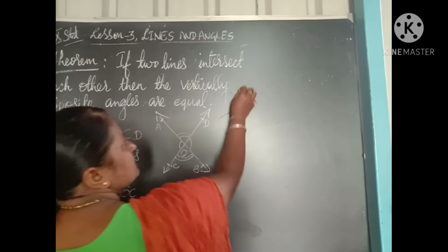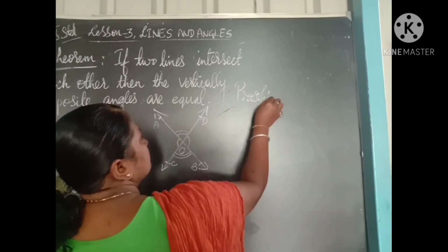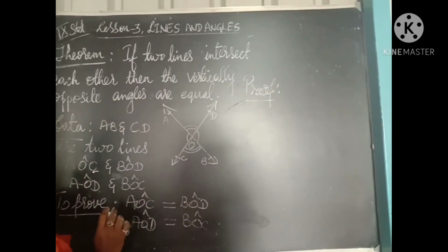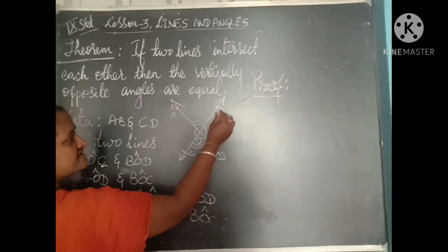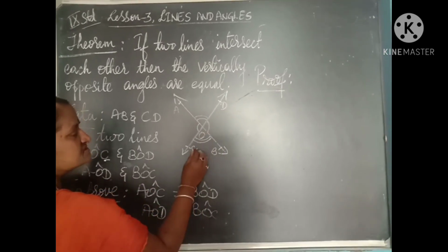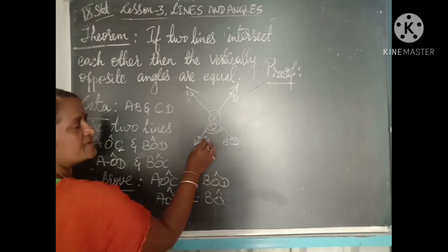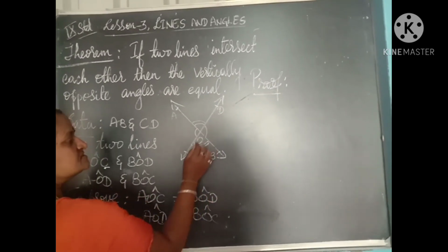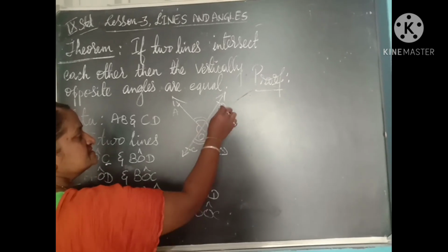Okay, now next is proof. What is proof? So here we can observe, just observe here. DOC is a line.